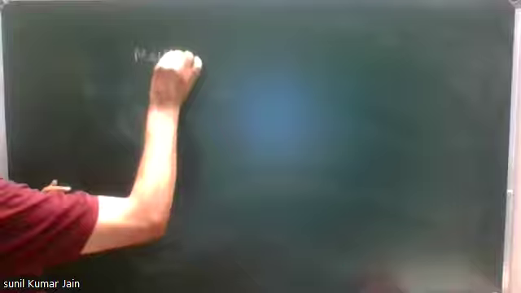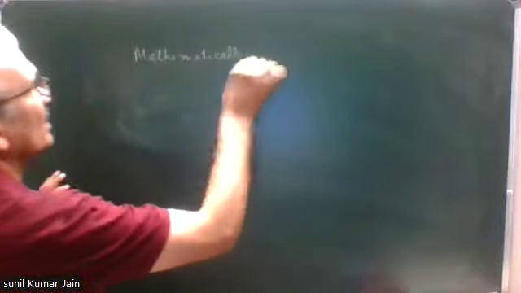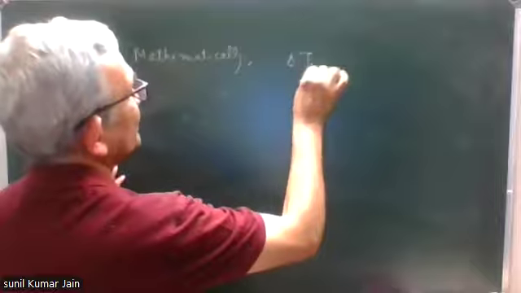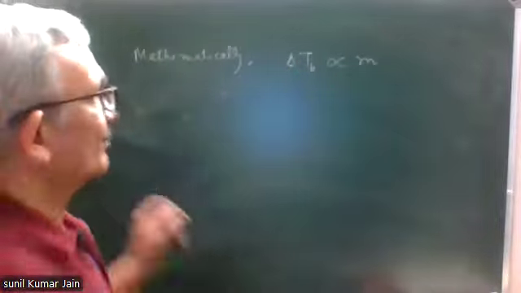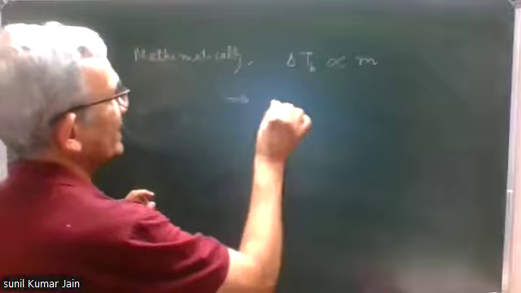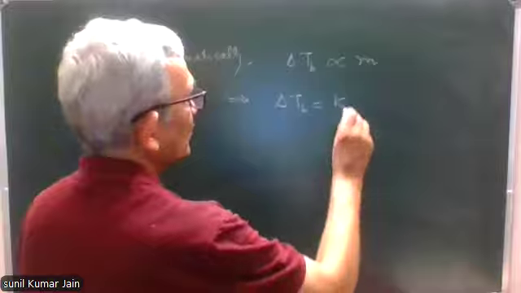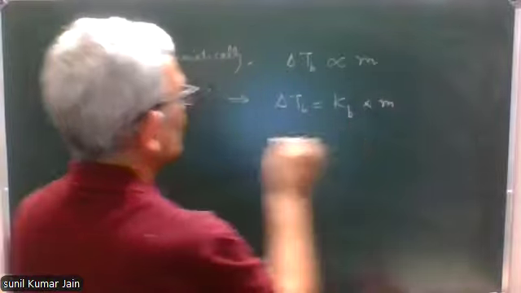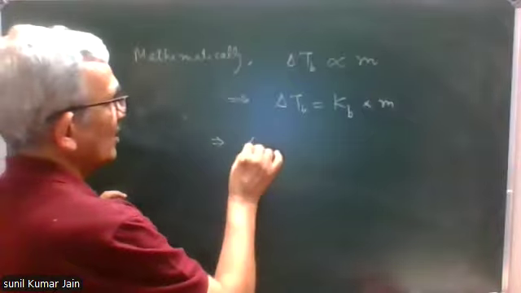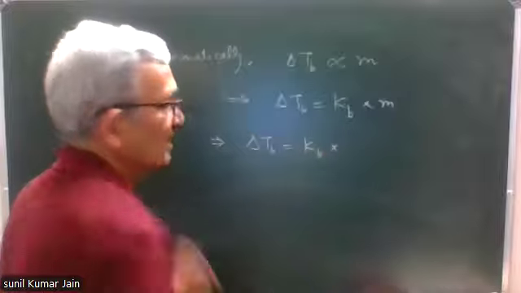Mathematically, delta TB is proportional to molality, or I can say delta TB is equal to a constant Kb into molality, or I can say delta TB is equal to Kb.